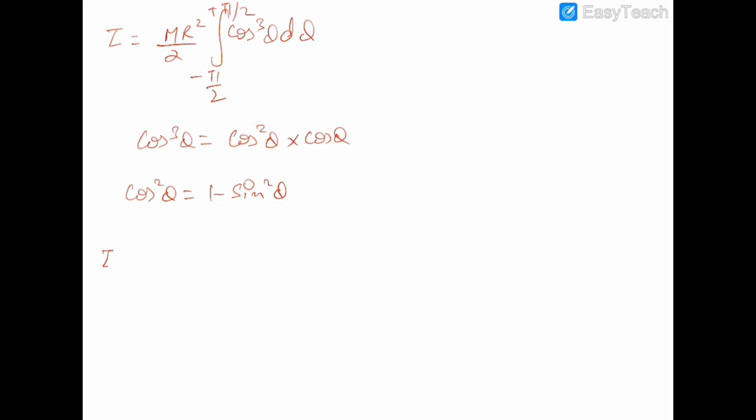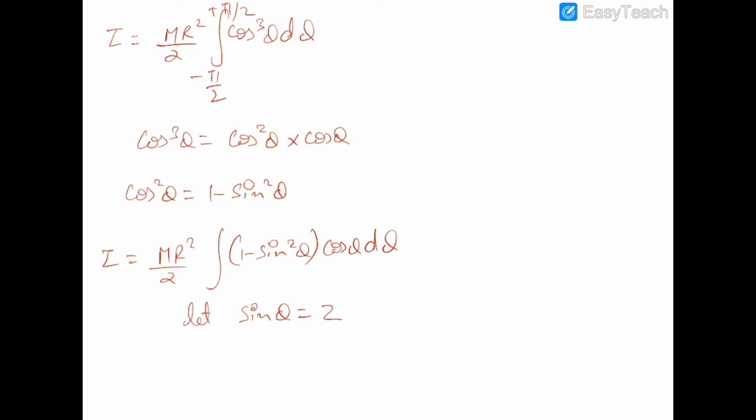So I would be equal to m r square by 2 and integration 1 minus sine square theta into cos theta into d theta. Now we know the method of substitution, that let's suppose let sine theta is equal to z, and therefore cos theta d theta would be equal to dz.